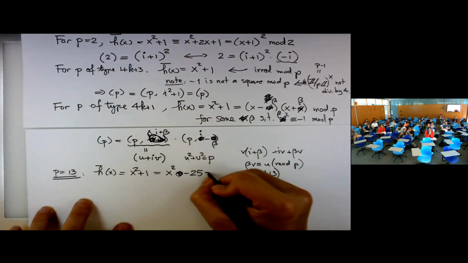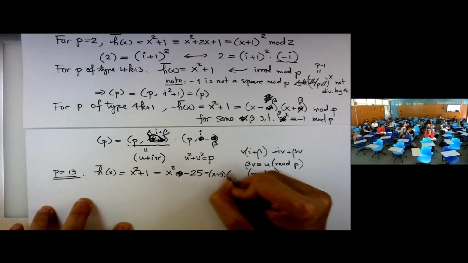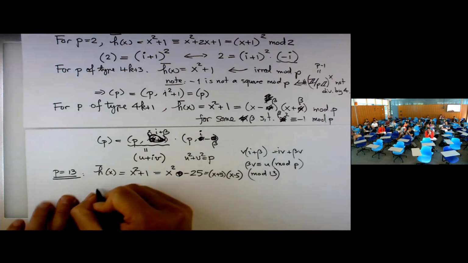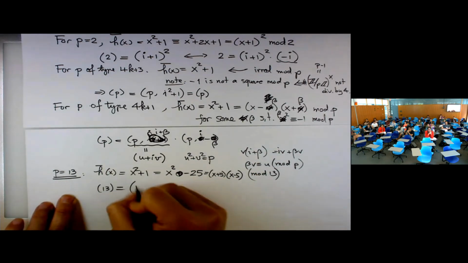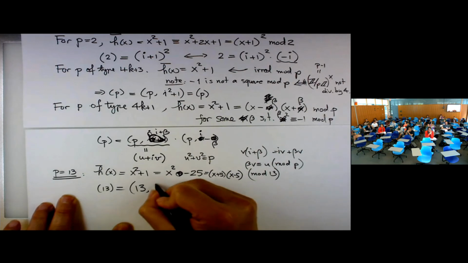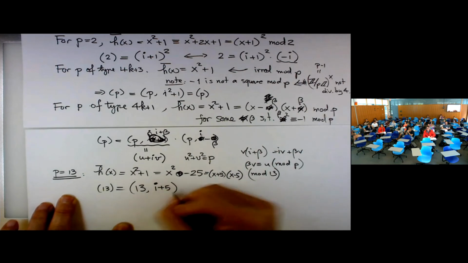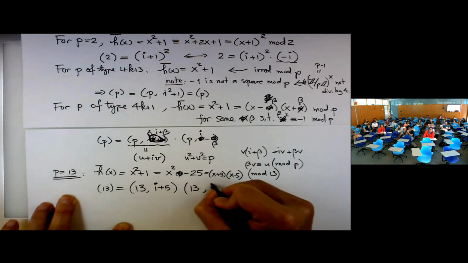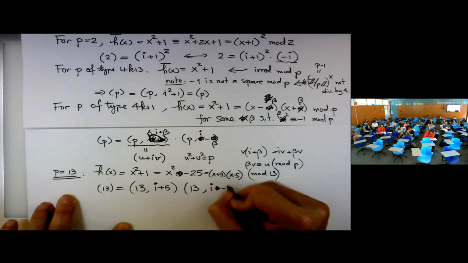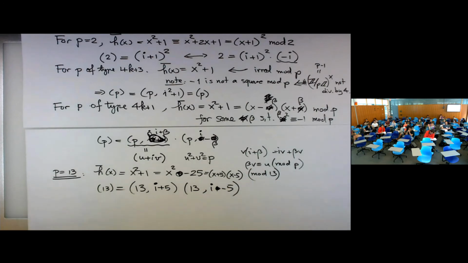This is x plus 5, x minus 5. Therefore, you have 13 equals to the ideal (13, i plus 5) times (13, i minus 5). Okay?